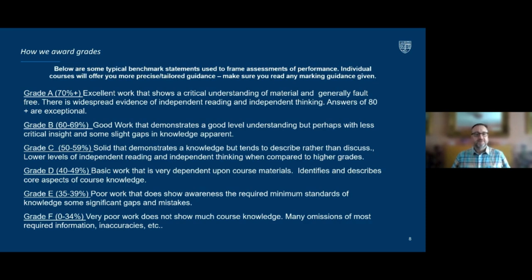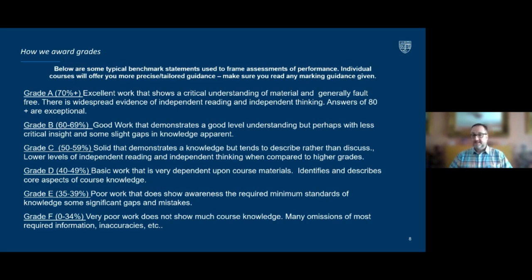So it's anything in the 40s is a D, but that's a borderline fail. It's basic work, dependent upon course materials, so it tends to demonstrate that the student hasn't gone out and done independent reading. And it's descriptive, but it doesn't really drill down into the detail in an analytical way. So a grade D is almost a pass, but not quite. You're actually allowed to have a couple of D grades and still progress through to the dissertation.